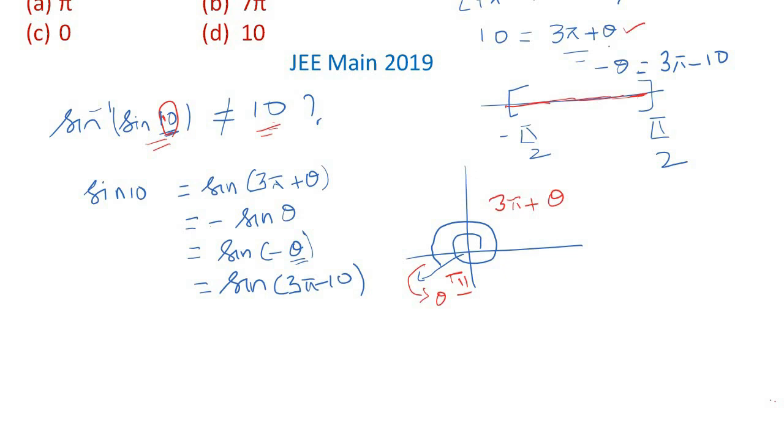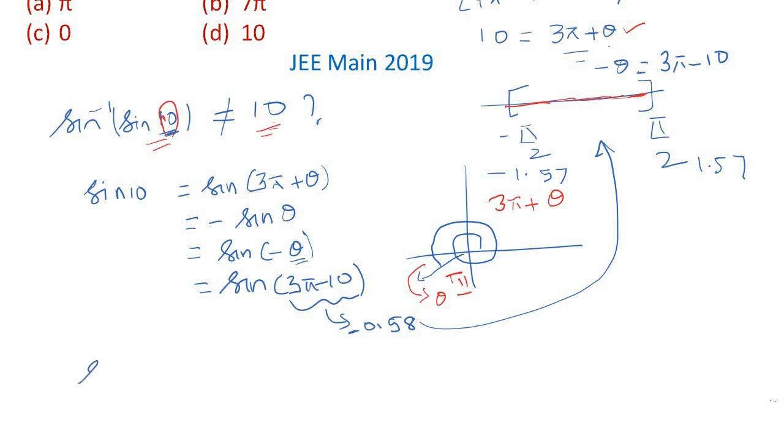But 3 pi minus 10 is minus 0.58. And you see minus 0.58 is very well in this interval. Minus pi by 2 is minus 1.57, and this will be plus 1.57. And 3 pi minus 10 happens to be minus 0.58, so it is very well within this interval.